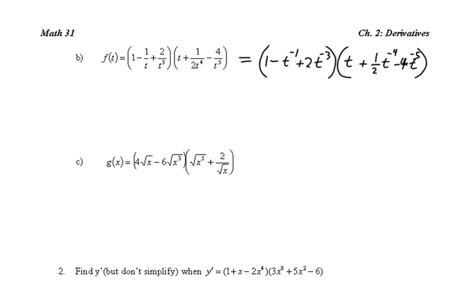Now, why did I do that? So I can take advantage of the power rule. Oh, getting too excited. The power rule, right? So the power rule is friendly with negative exponents, right? So the power rule is usable here.